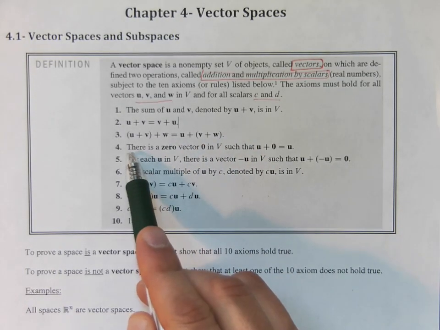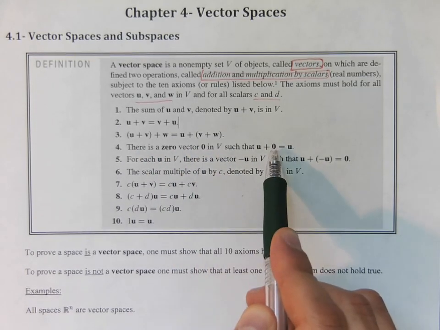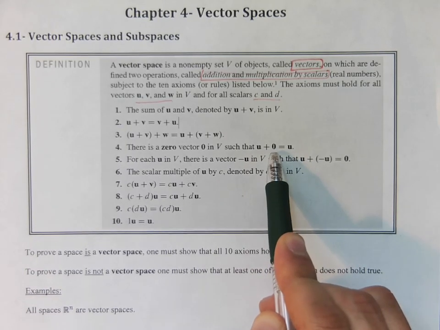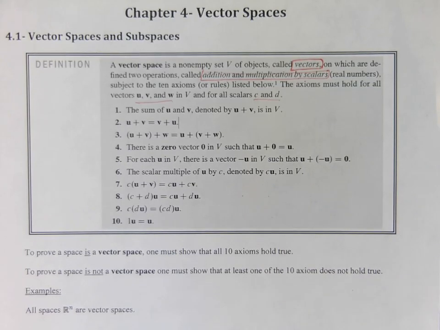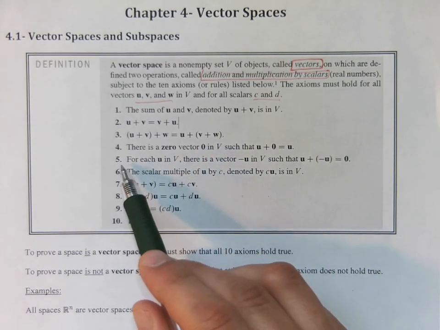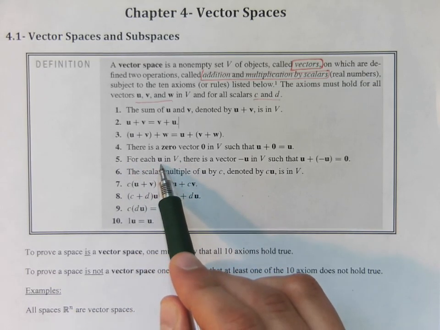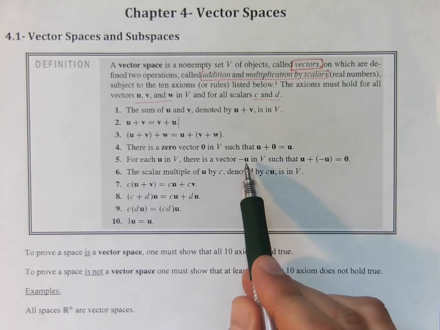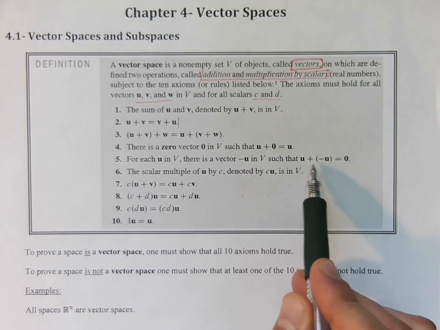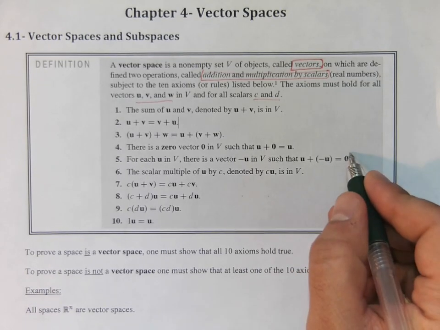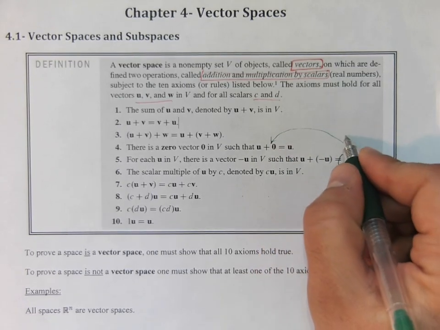Number 4 tells us that there has to be some version of 0 in this space such that when we add it, using our definition of addition, to any vector, it stays the same. That's important because we need a 0, and it appears in number 5. Number 5 tells us that for every vector in the space, there's some negative version of that vector, such that when you add U and the negative version together, you get the 0 vector, the one just described in 4.